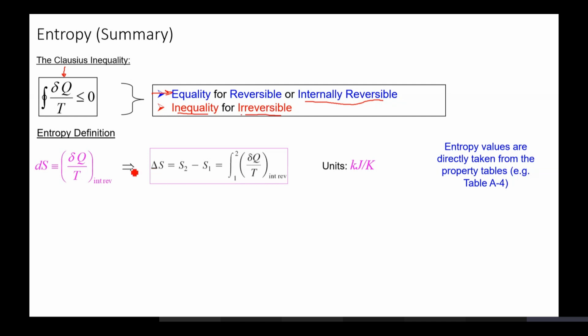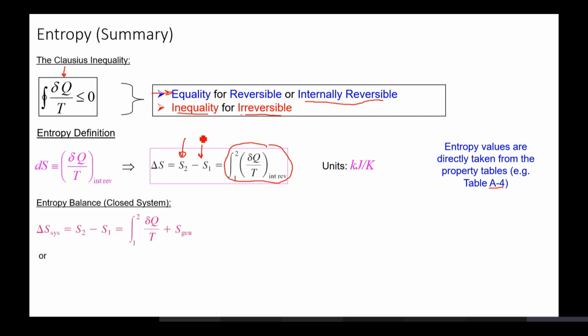Then we say that the entropy change for pure substances can be determined from Table A4, for instance, the case of water. Instead of solving this expression, you can directly find the already solved values from the table, which are given at the back of your book for the specific pure substance you're talking about.